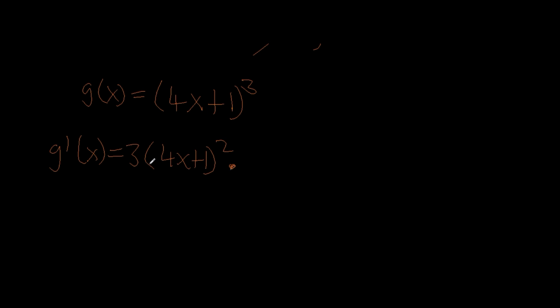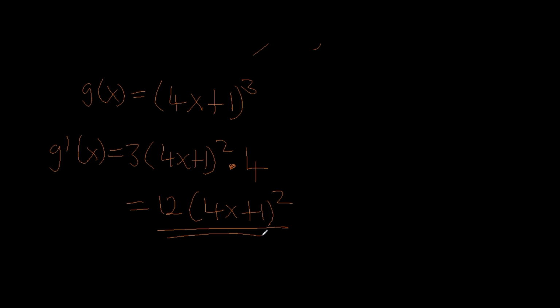So you drop down the power of 3, and then you decrease the power of 3, it becomes 2, and then you multiply by the derivative of the inside function. The derivative of the inside function is just 4. And this is going to give us 12 multiplied by (4x + 1) squared. And that's all you do.